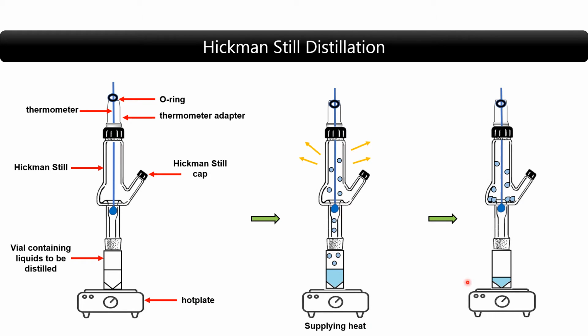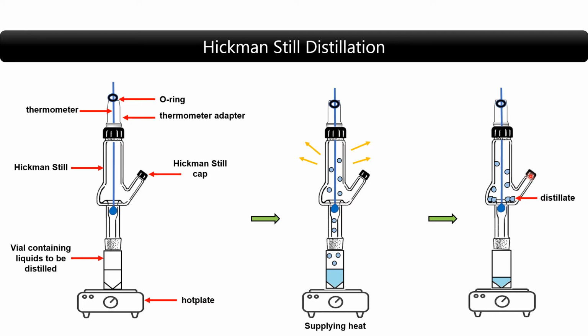We keep supplying heat until all of the liquid at a particular boiling point has collected here as a liquid. And this liquid that has been distilled out of the mixture, we call a distillate.